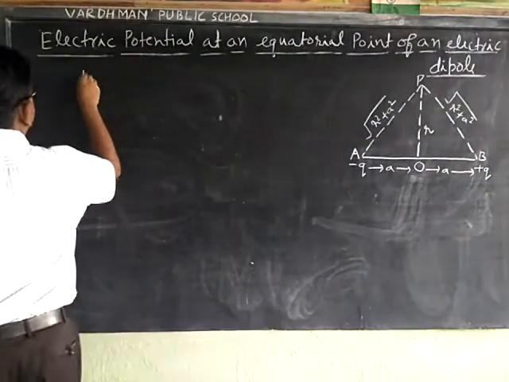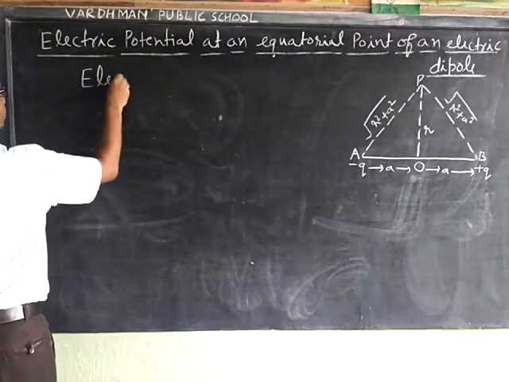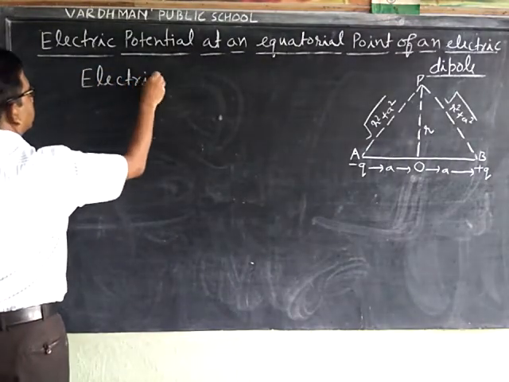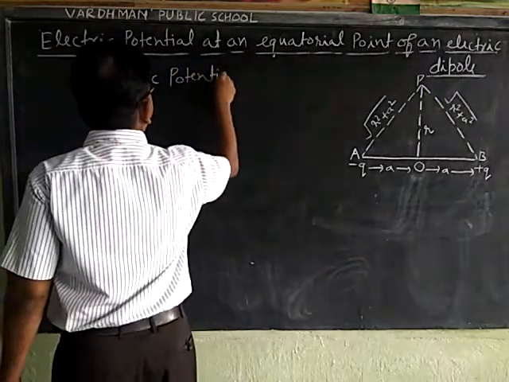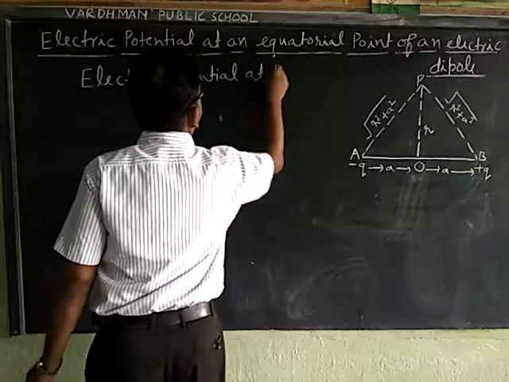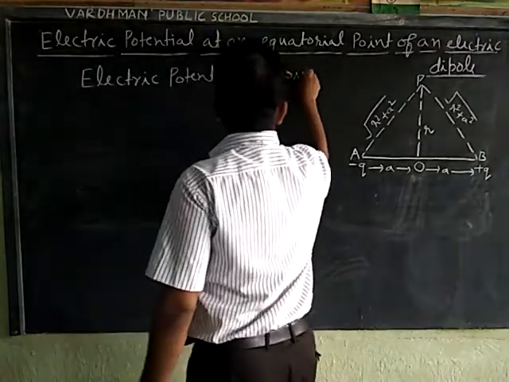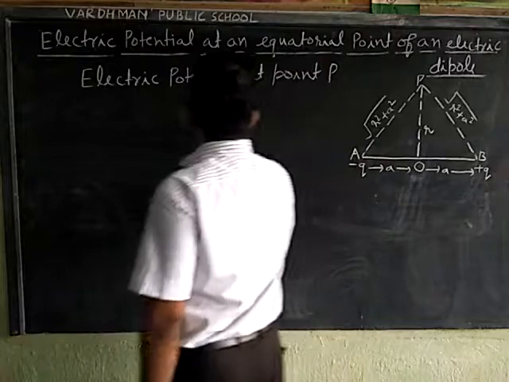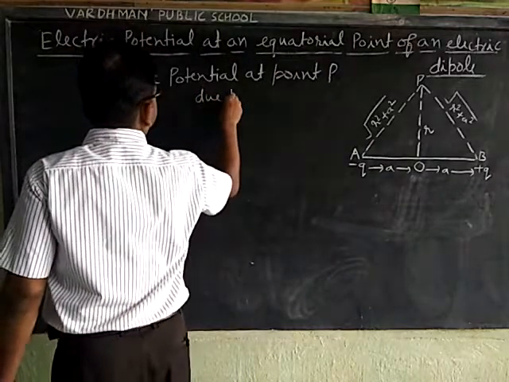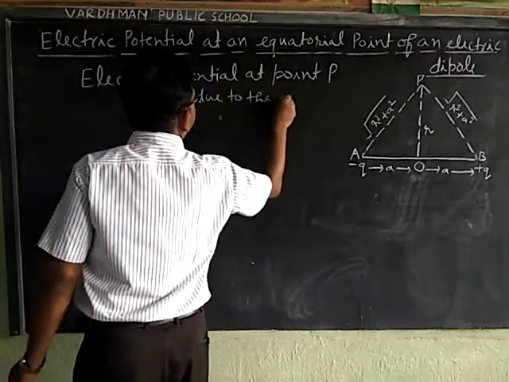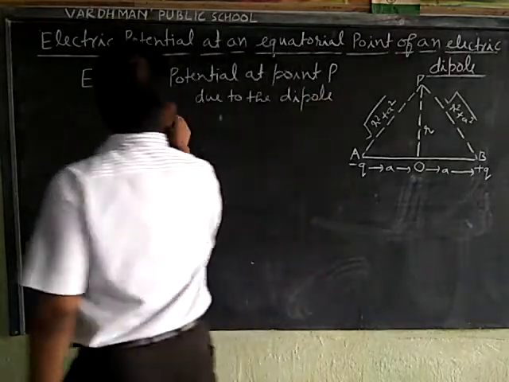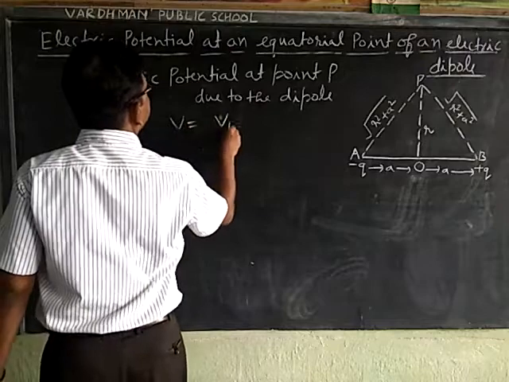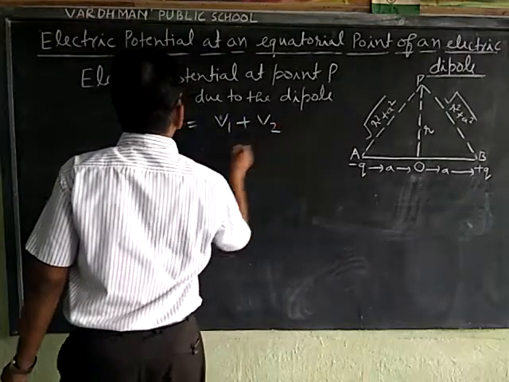Electric potential at point P due to the dipole, that is V is equal to V1 plus V2.